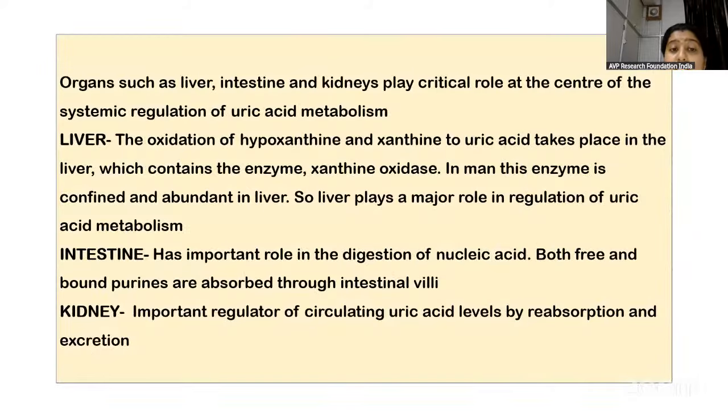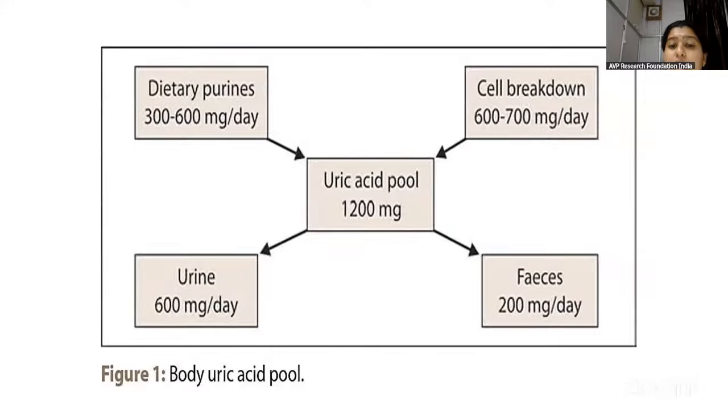Organs such as the liver, intestine, and kidneys play a critical role in the systemic regulation of uric acid metabolism. They also play a major role in maintaining the balance of our uric acid. The uric acid pool is about 1200 milligram.